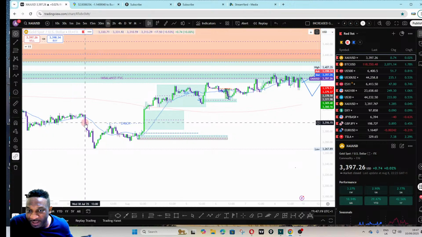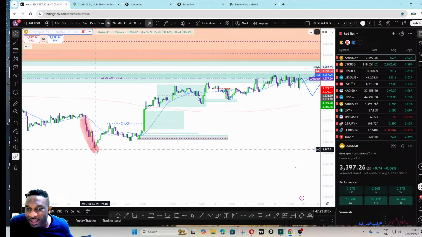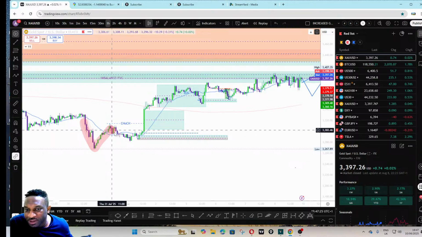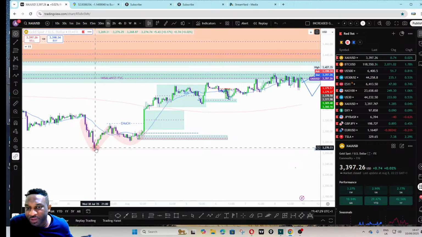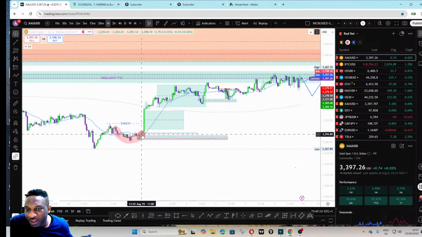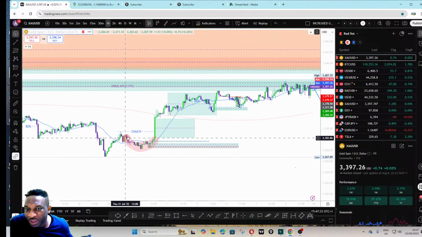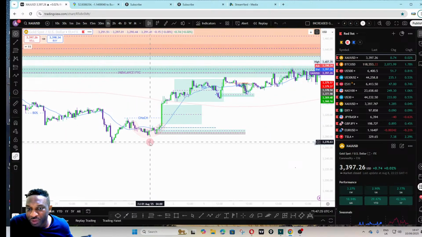So I say again, I prefer to take the trade from the second leg. This is the first leg, then the retracement. The second leg failed to beat the previous record, giving me a higher probability area to get into the trade.